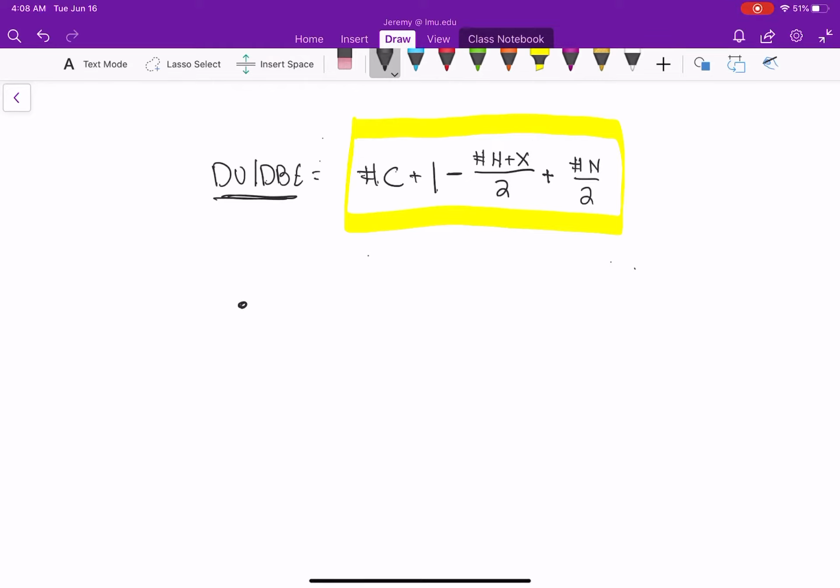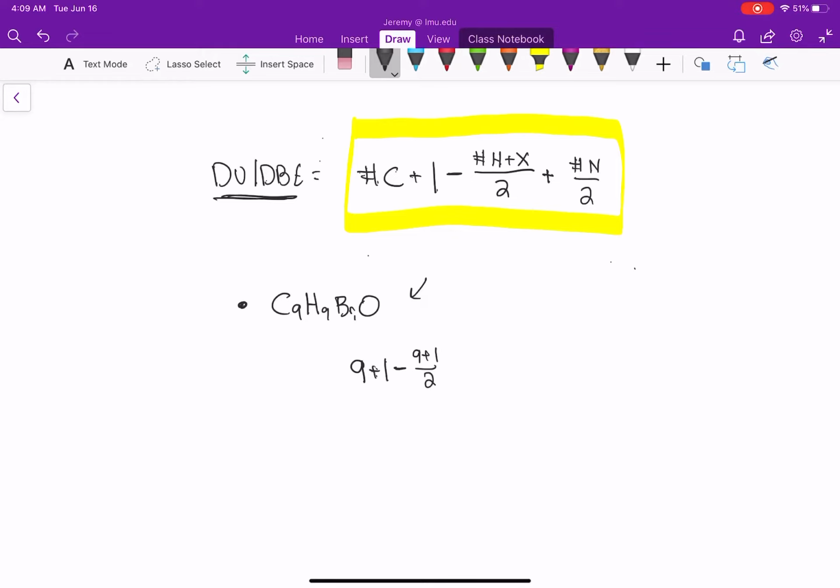Let's look at a couple of examples. If I have the formula C9H9Br, here I don't have the structure. To help solve the structure, I can calculate the number of DUs or DBEs. My formula would be 9 plus 1, minus the number of hydrogens, 9, plus 1 halogen, divided by 2.